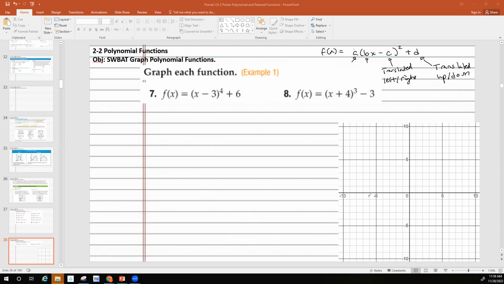So if you look at number 8, if you remember that the cubic function looks like this, then you could just say, hey, this is translated left 4 and down 3.